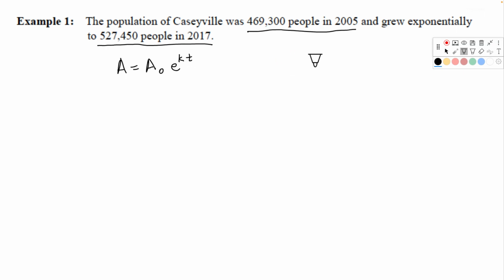We're going to take our information, so we know in 2005 we had 469,300. How about if we call 2005 year 0? We could do that, right? And then what would year 2017 be?